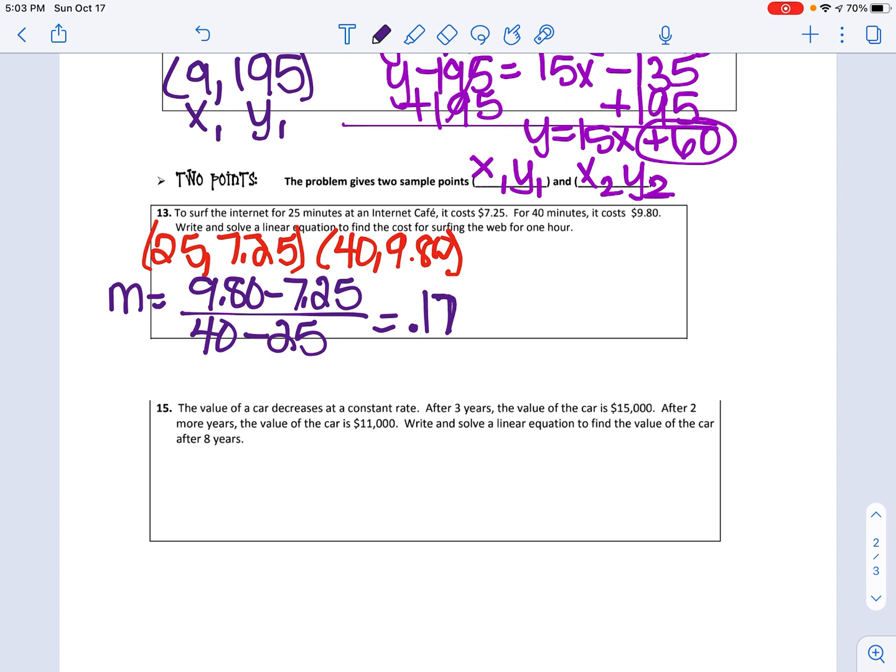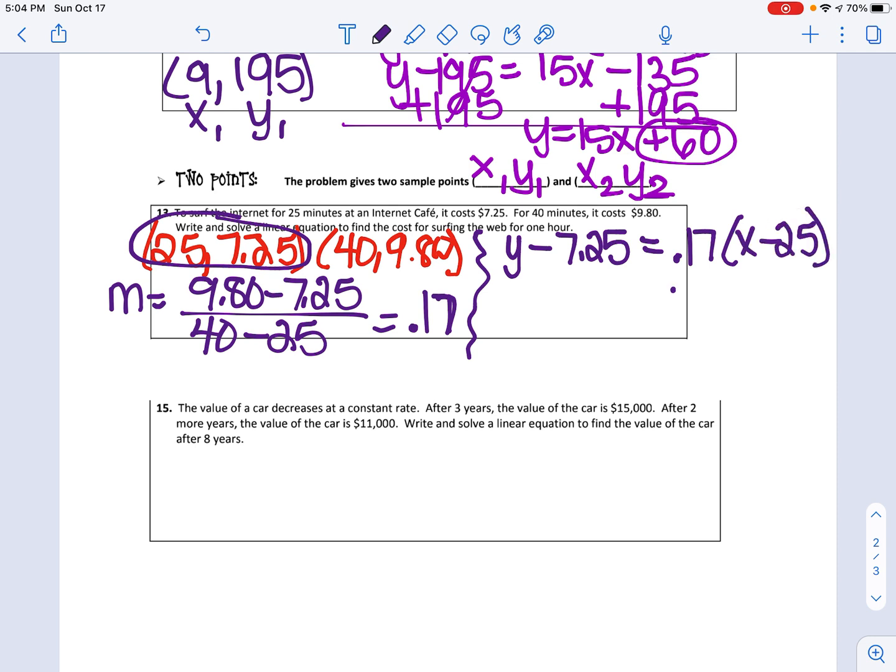Now I'm going to pick one point, and I'm going to go ahead and use the point slope formula since that's what we've been talking about this week. You can still use the slope intercept form if you like. I'm going to go ahead and do the point slope. So y minus y1, I'm going to use the first point. y minus 7.25 equals 0.17 times x minus 25.